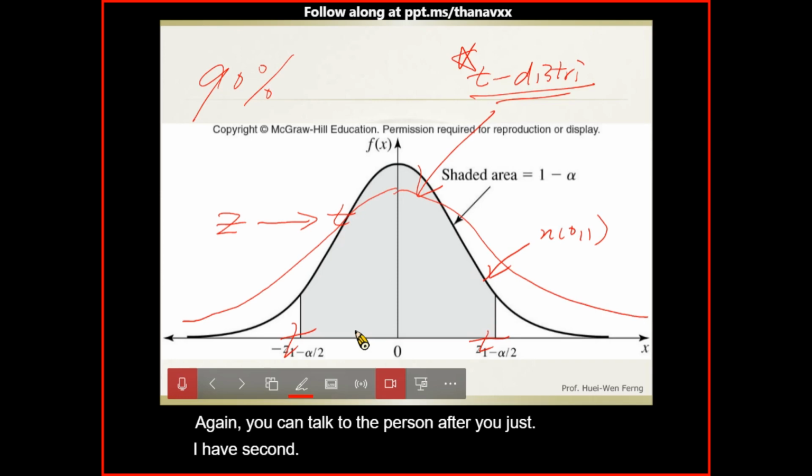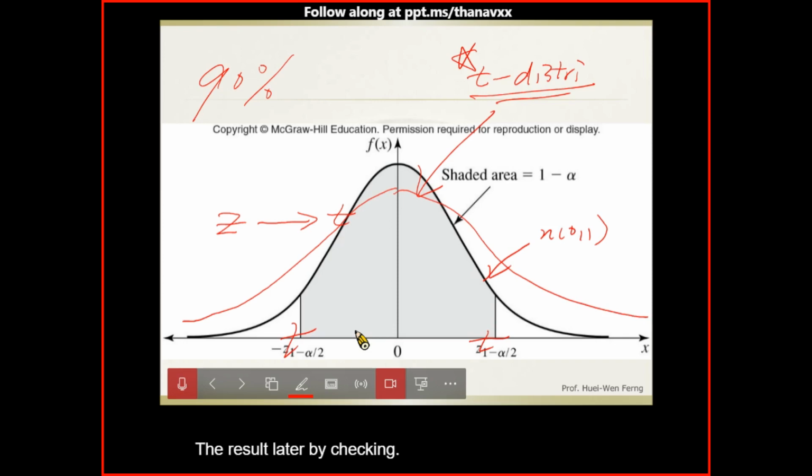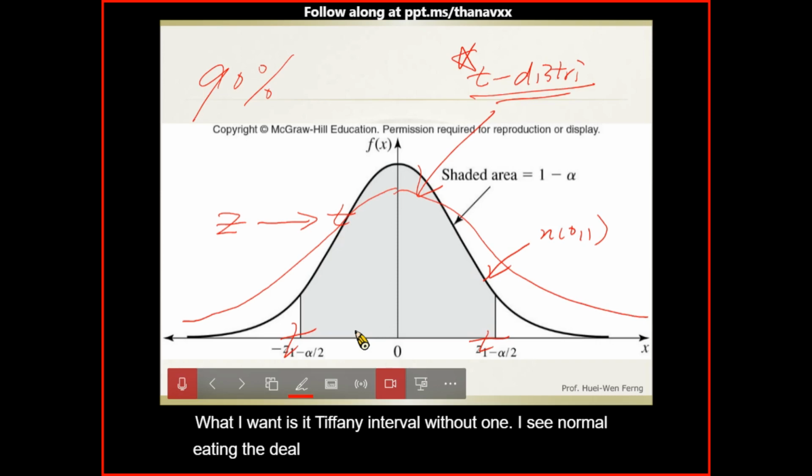And then we have the result later. If you check the current figure here, which one provides a wider confidence interval, T or normal? The question I want to ask is whether the confidence interval from the T distribution is wider, or the one from the normal distribution is wider, assuming my given probability is fixed, for example 90%. So this is a question.